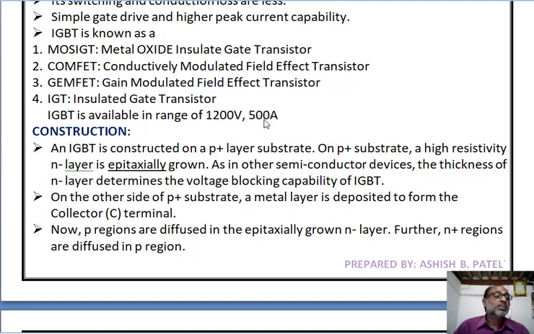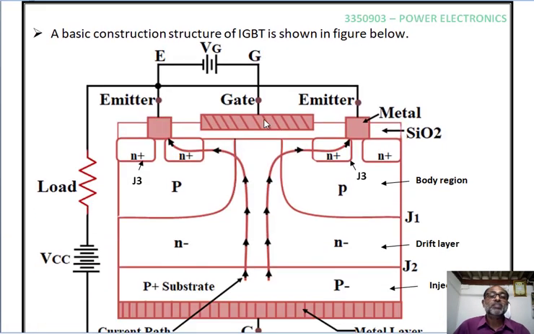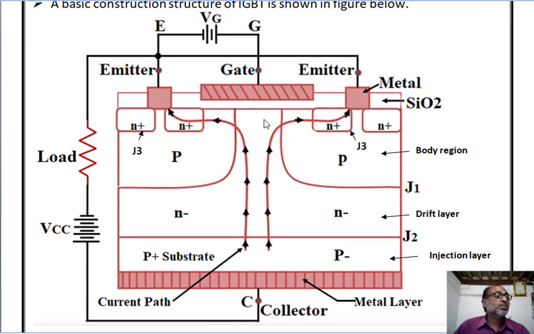Let us see the construction of the IGBT. As shown in this figure, we take a P plus layer as the substrate. A high resistivity N minus layer is grown on the P plus layer.